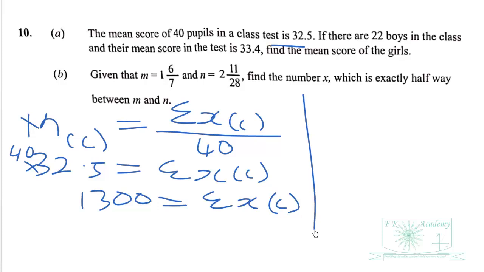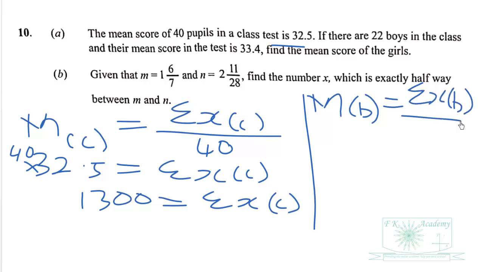Then again, we're told that the mean of the boys, which is the total score of the boys in the class over the total number of boys, which is 22, and the mean score of the boys is given as 33.4, is equal to the total score.